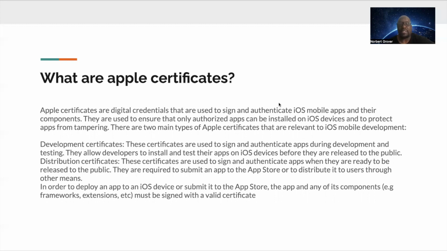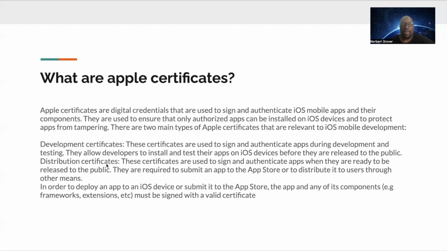There are two main types of Apple certificates that are relevant to iOS mobile development. Development certificates are used to sign and authenticate during development and testing, and distribution certificates are used to sign and authenticate apps when they are ready to be released to the public.